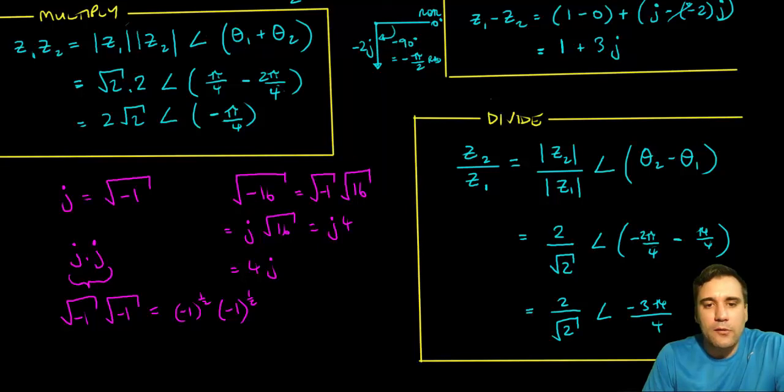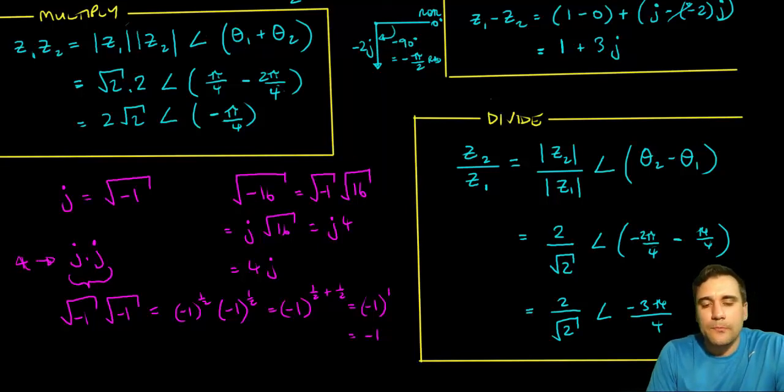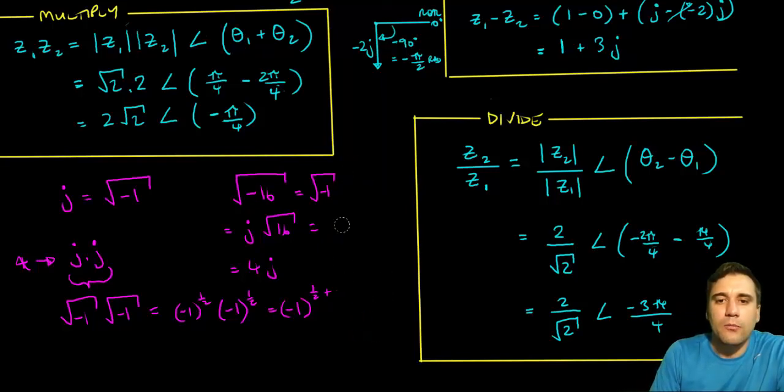And when you multiply two things that have the same base and are raised to some power, what we do is we add the powers together, which is equal to that base, and we add the powers, which is -1 to the power of 1, which is equal to -1. So j times j, this here, is equal to -1, and that's worth keeping in mind, because it sometimes becomes useful.